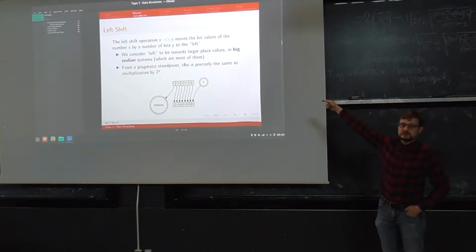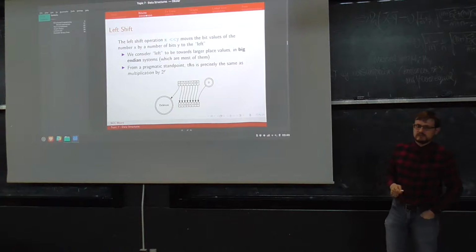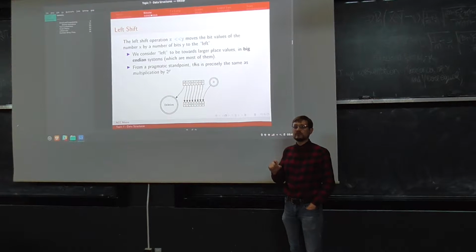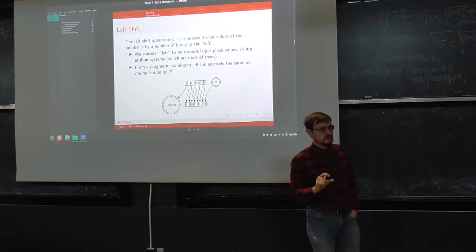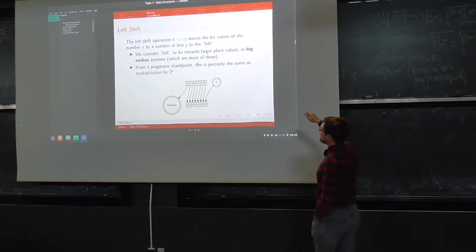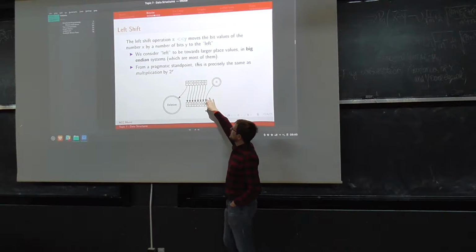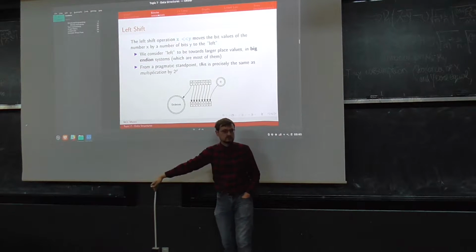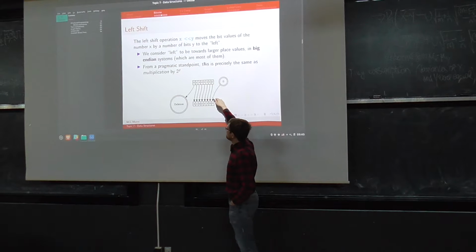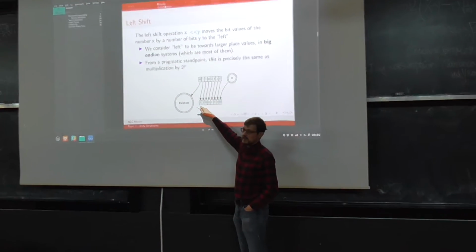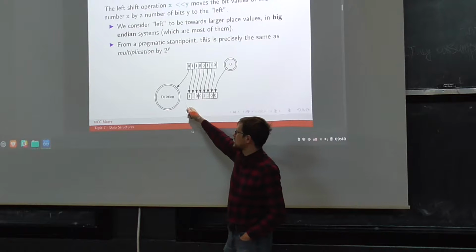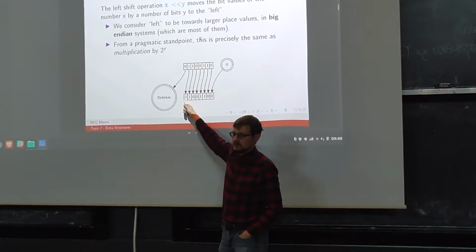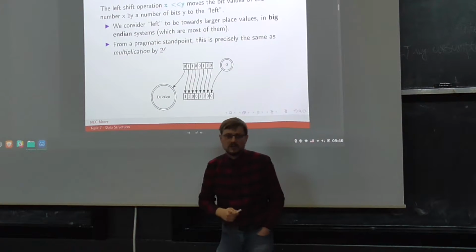So, the left shift operation, right? Not very difficult to understand. None of these operations are difficult to understand if you think about them in terms of binary data. A left shift operation shifts all of the bits X number of places to the left. In this particular case, this is a big endian system, that is to say, we are considering values on the left side to be of greater place value than values on the right side.